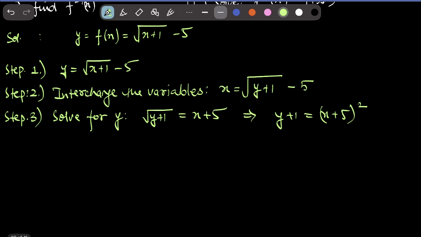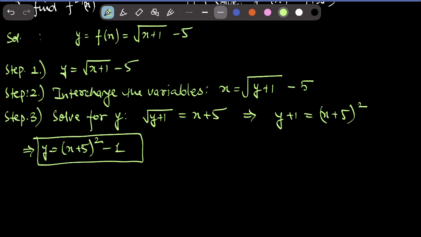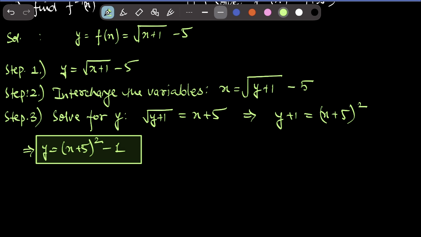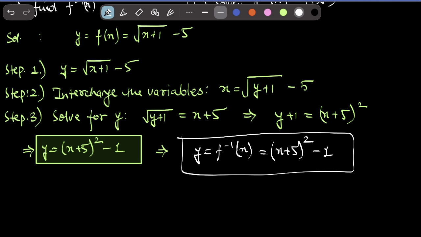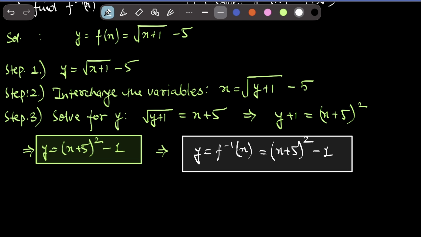When I solve this again, I will get y equals (x plus 5) whole square minus 1, right? So I have solved for y, and now I will write it in a very simplified way. This is y equals f inverse x equals (x plus 5) whole square minus 1. So we can say that this is your inverse function.